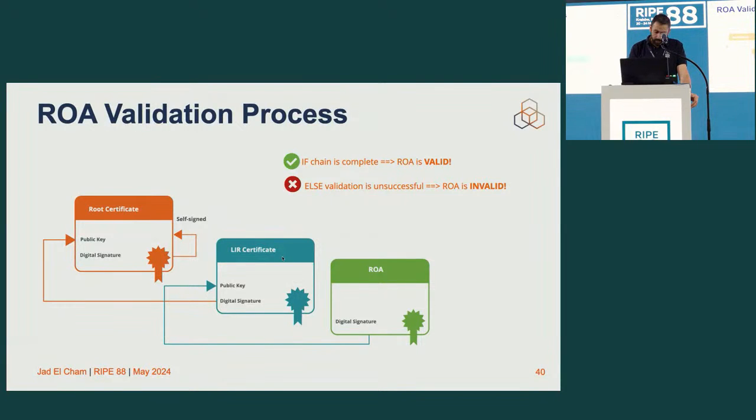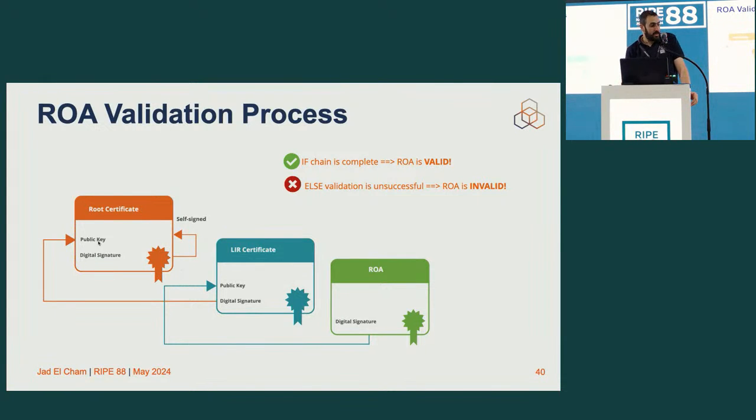Now, I need to verify that these LAR certificates are also correct, because what if I inject malicious certificates? So I look at the digital signature of that LAR. All right, who signed it? It should be signed by the root certificate or by another parent LAR, if that's the case. But in this case, it is signed by the root certificate.